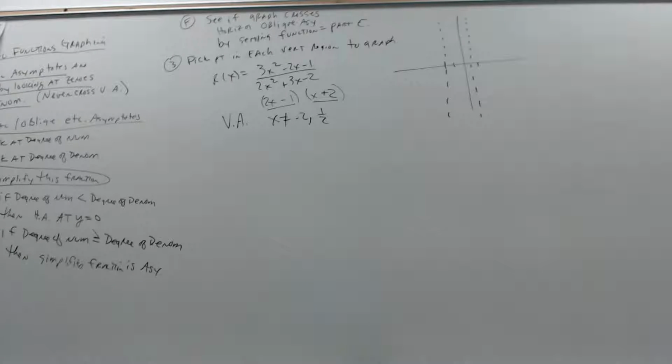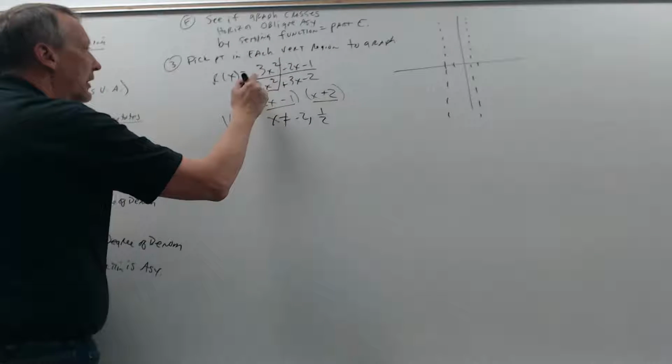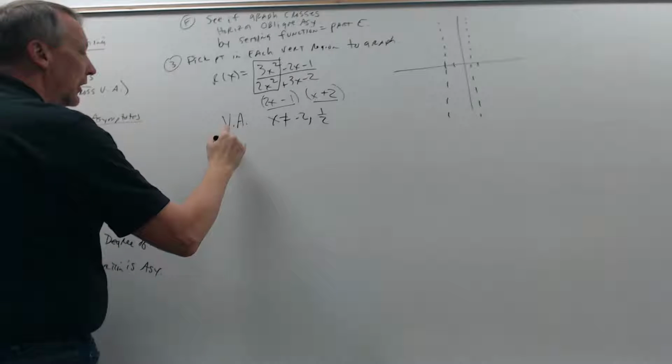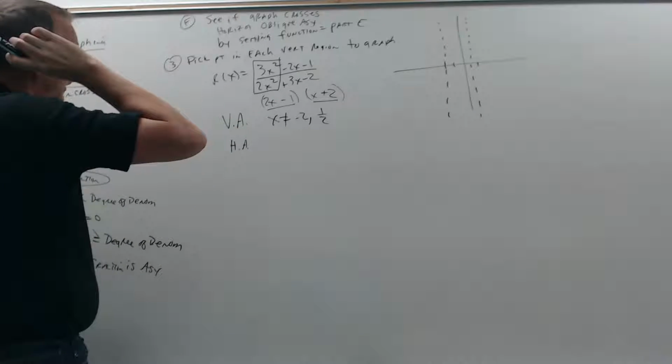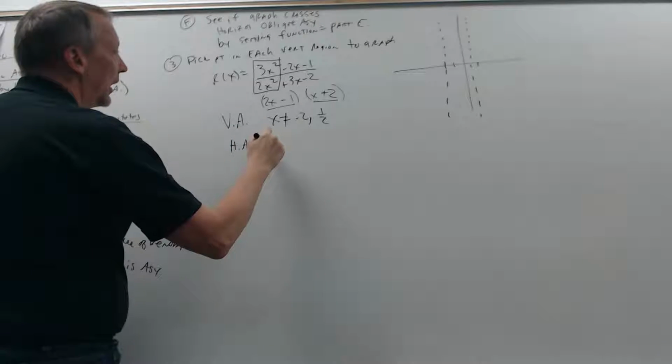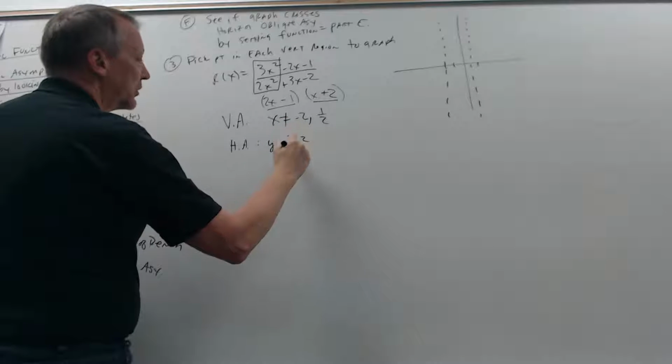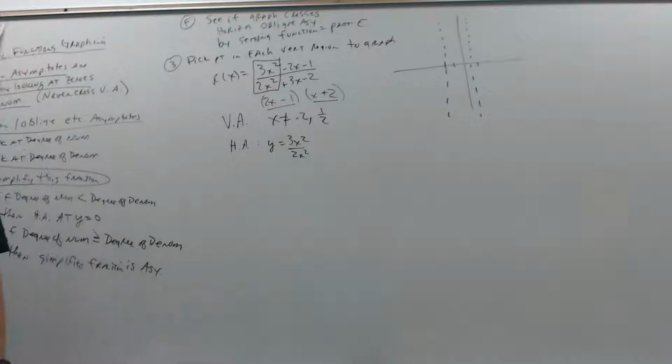Okay, so step number 2, we're looking for horizontal or oblique asymptotes. What's the degree of the numerator? 2. Degree of the denominator is also 2. So I want to simplify this fraction here. Horizontal asymptote: y equals 3x squared over 2x squared, correct?